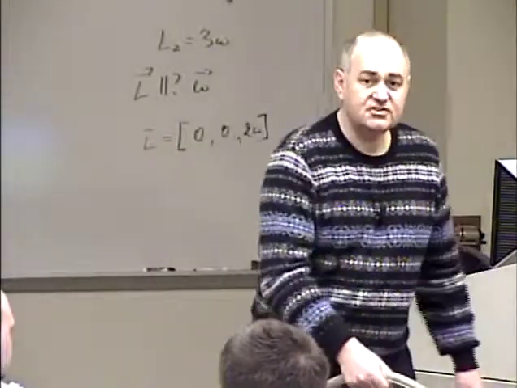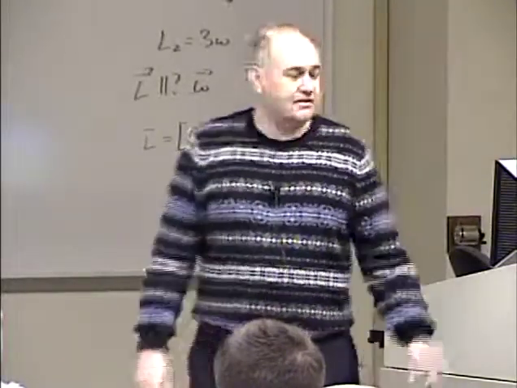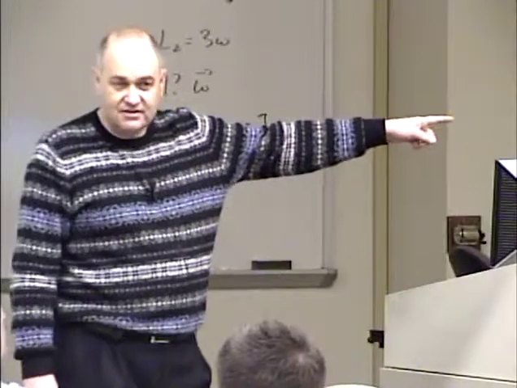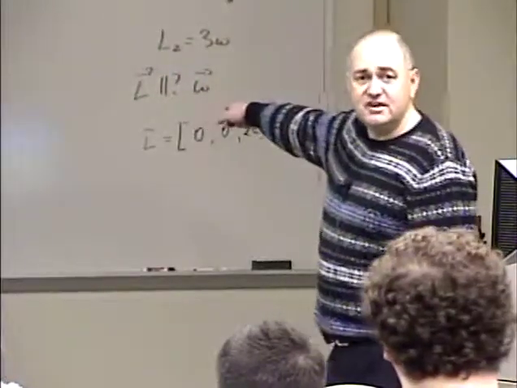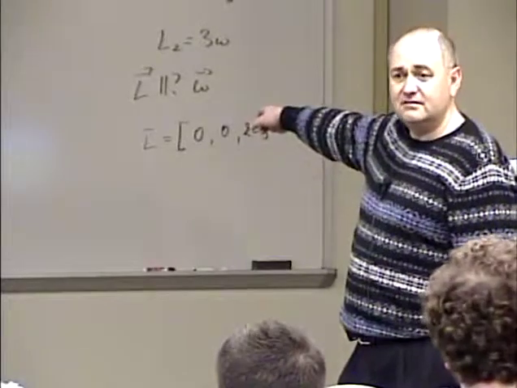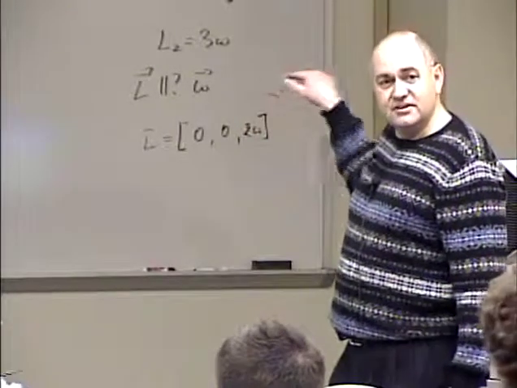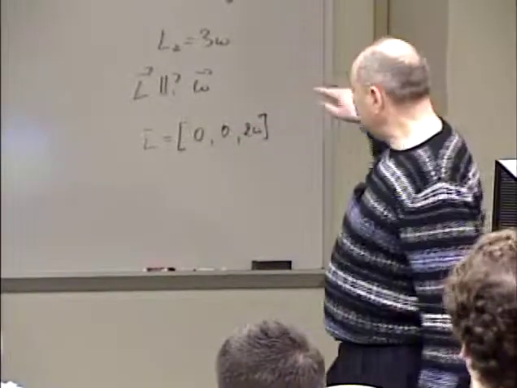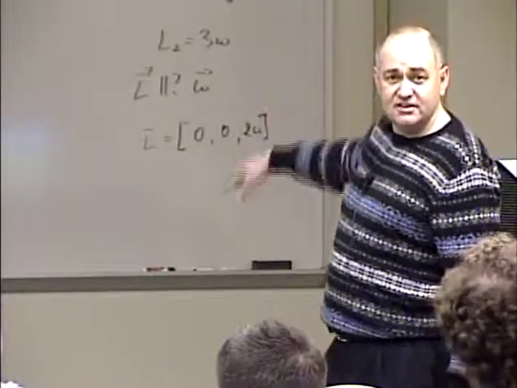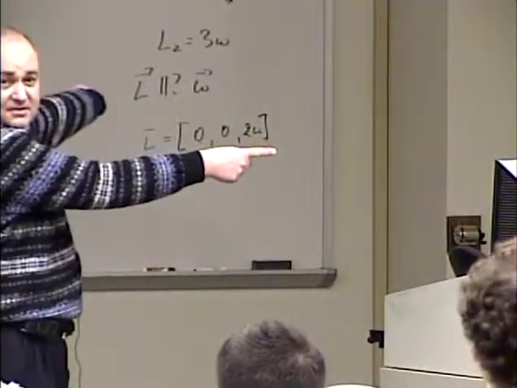So the net external torque was in this direction, while angular velocity was in this direction. Which means, if torque was in this direction, what was the direction of angular acceleration? The same. The change in angular velocity was in this direction.